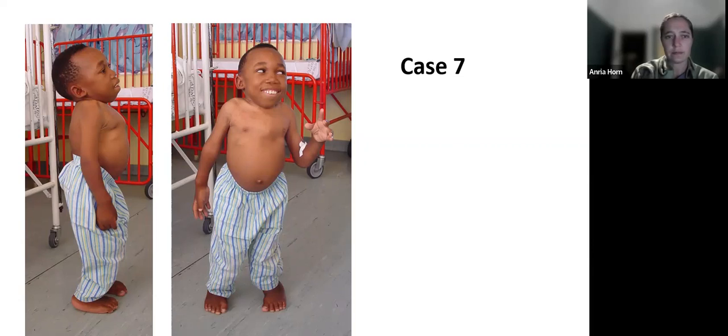Yes, yeah. So again, another short stature, also probably more of a proportionate form of dwarfism. When I look at this, starting with the face, I don't see any obvious severe dysmorphic features that I'm worried about.